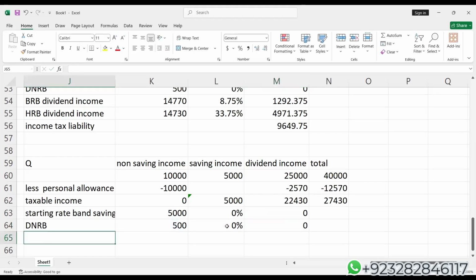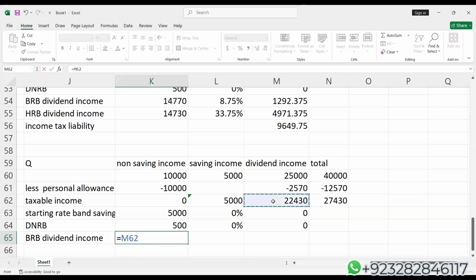Of course, the remaining dividend income falls in the basic rate band, where the applicable income tax rate is 8.75%. Dividend income 22,430 minus 500.